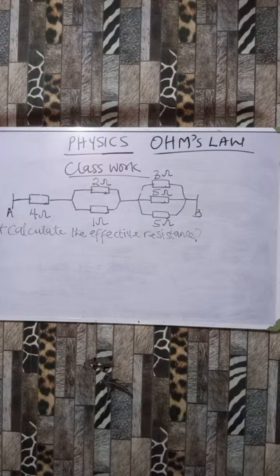Asakwe, what do you have? Okay, I'm not too sure. No problem. We're going to practice it now to see whether you are correct or not. Asakwe, 5.9 ohms. Okay. Nengi, 7.36 ohms. Okay.